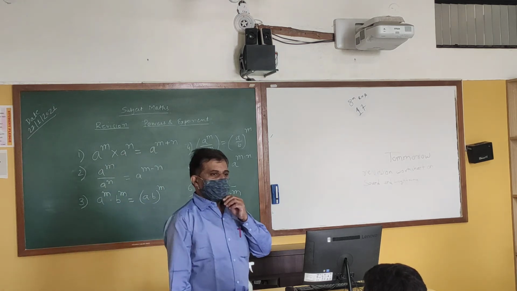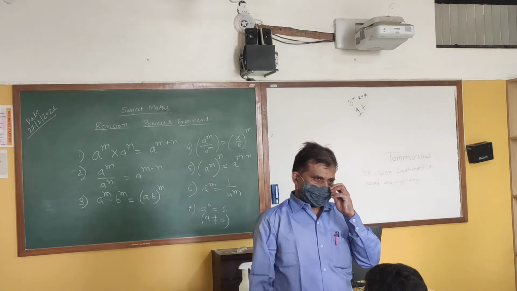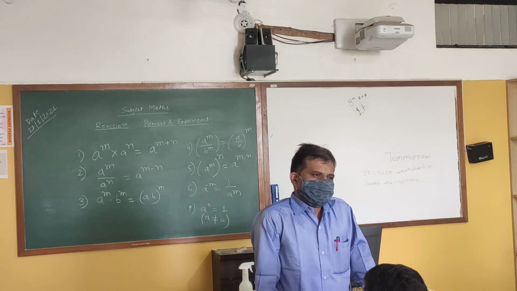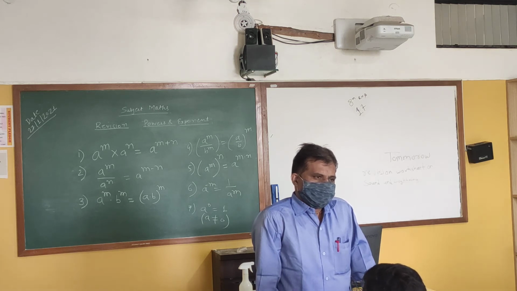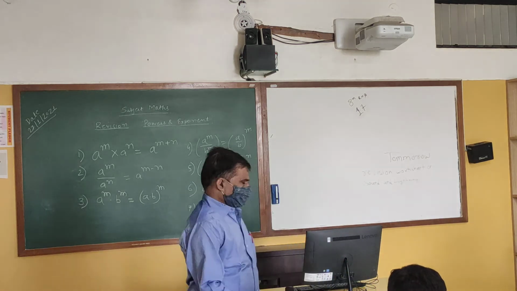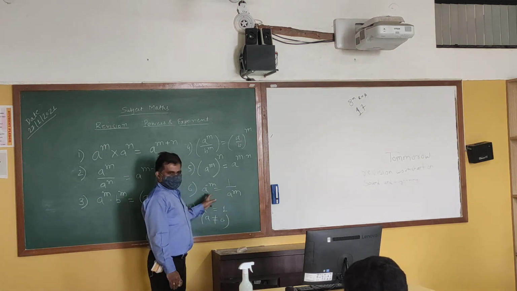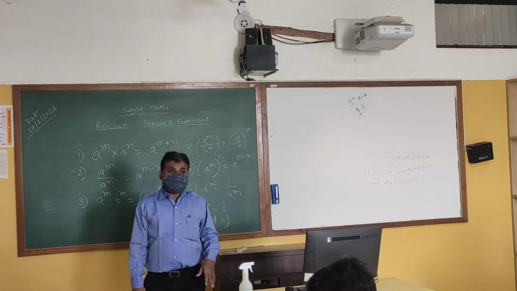Sir, (a upon b) raised to power minus m is equal to (b upon a) raised to power m. Yes, that is another form of this one. Simple rule is this, but that is in division form.